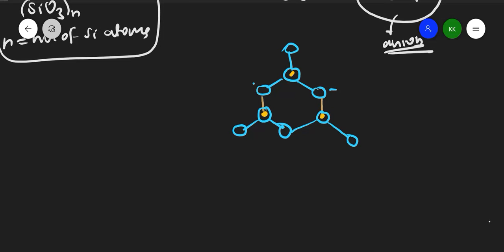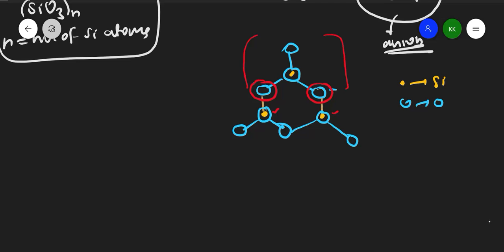This is one unit, because it has one silicon atom and four oxygens, and two of its oxygens are common to other silicons also. This circle represents silicon, whereas this represents oxygen. So this is how it will form.